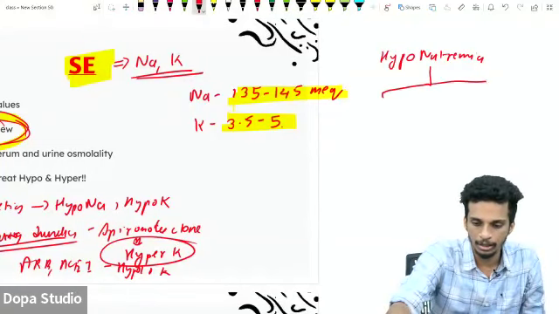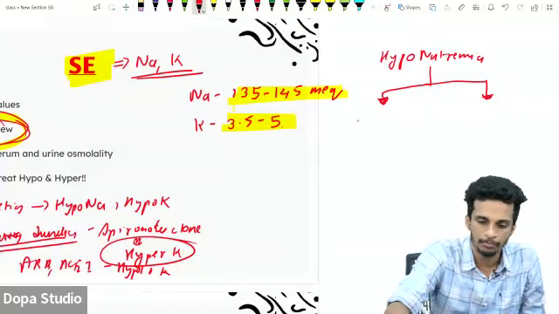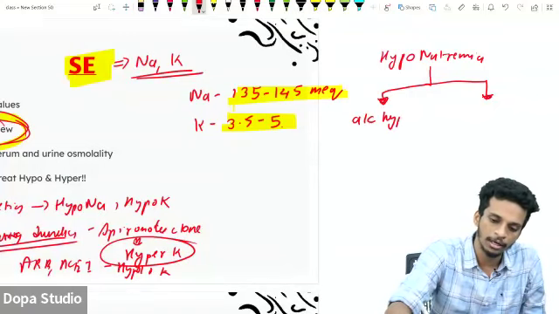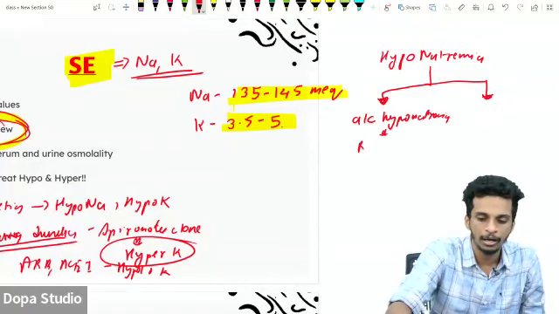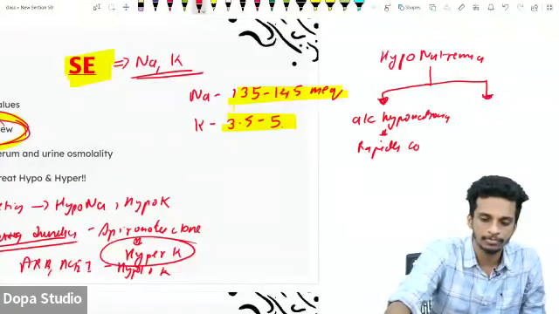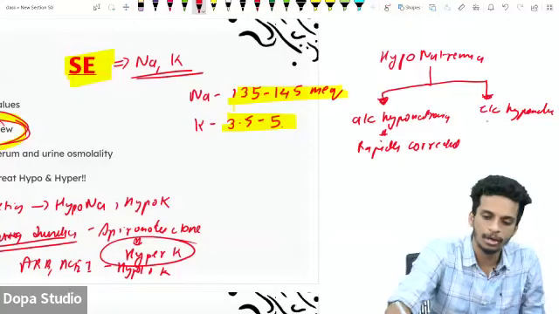And the important thing while treating hyponatremia, which you have been studying for a long time, is acute versus chronic. Acute hyponatremia can be rapidly treated.